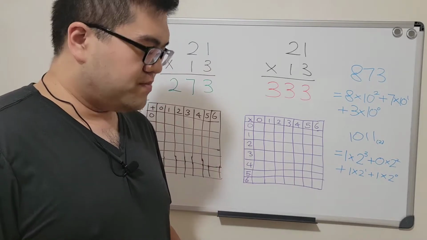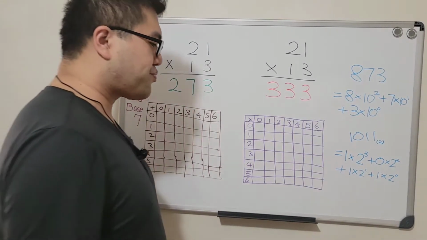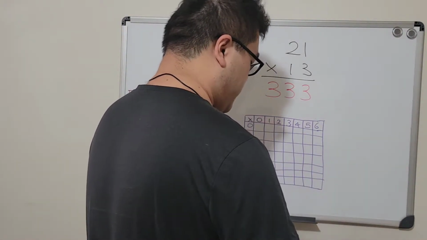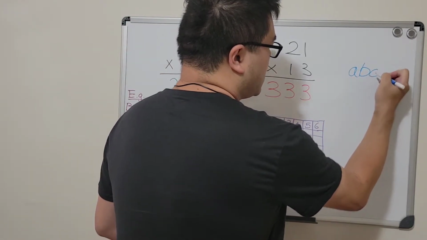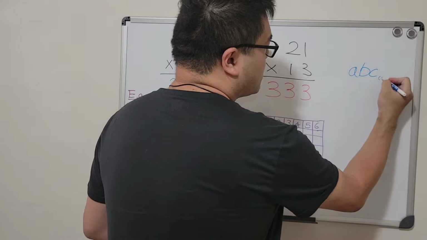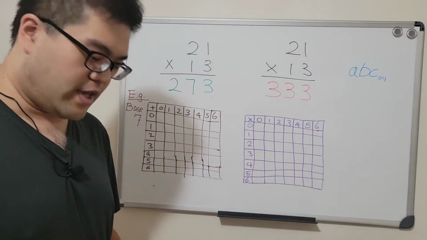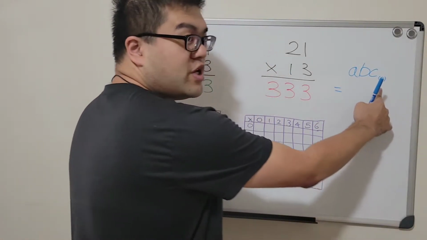So in general, when we have a base n numeral system, we will see a number that's denoted this way. Let's say it's A, B, C, and we'll put a subscript in parentheses n here to represent that it is in base n. So what does this expression mean?